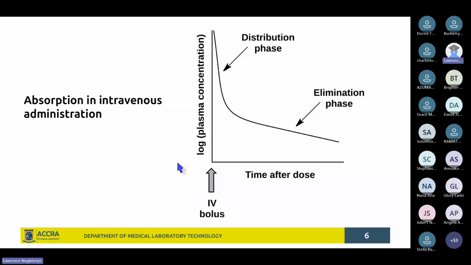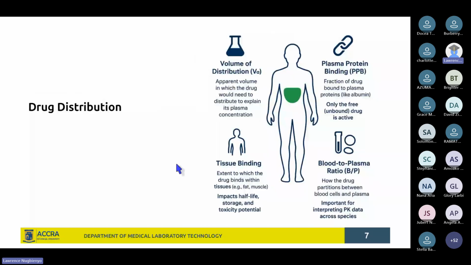Now, distribution. After you finish all that absorption, you have the drug now getting distributed to all tissues, to all organs. Now, major things you talk about in terms of distribution of drugs is volume of distribution.